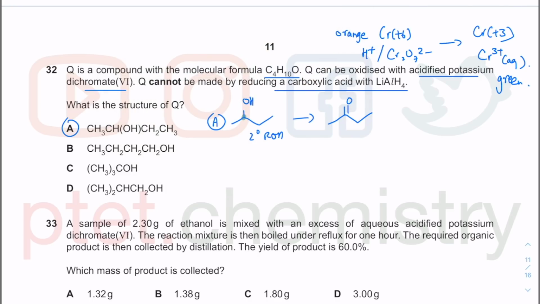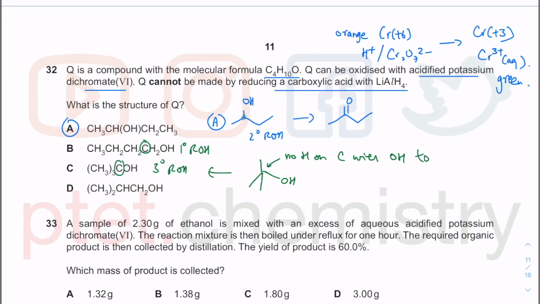You can try for the rest of these. This is a primary alcohol. The carbon with the OH is bonded to one of the carbons. Primary alcohol can be oxidized, obviously. You can lose the hydrogen on that carbon with the OH, and you can reduce carboxylic acid to give you back primary alcohol. This is a tertiary alcohol. Tertiary alcohol cannot be oxidized because there is no hydrogen on the carbon with OH.